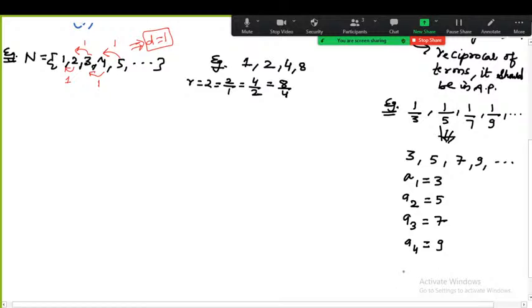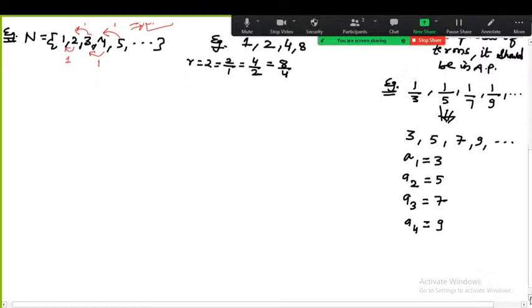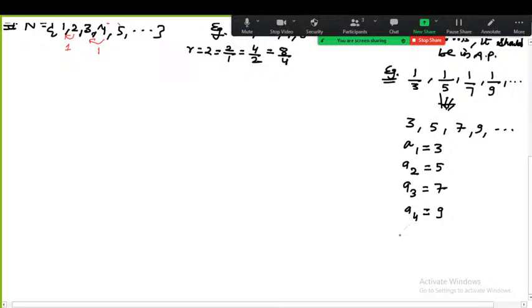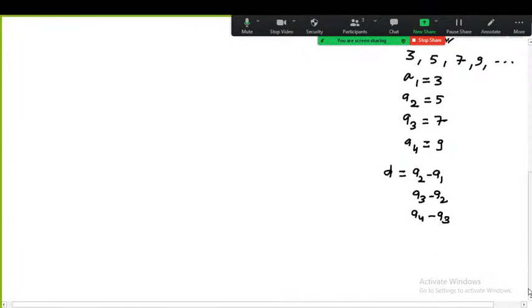The important thing over here is the common difference, and the common difference is not only a2 minus a1 but also a3 minus a2, a4 minus a3, and many common differences may exist. I will tell you the general formula later, don't worry.